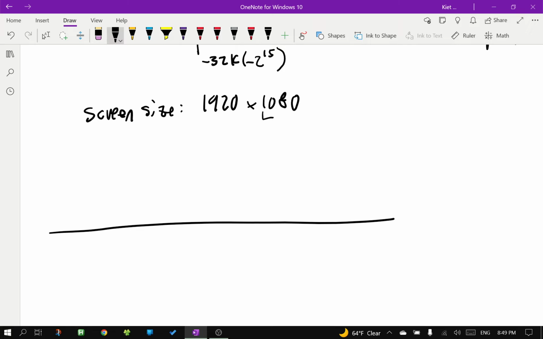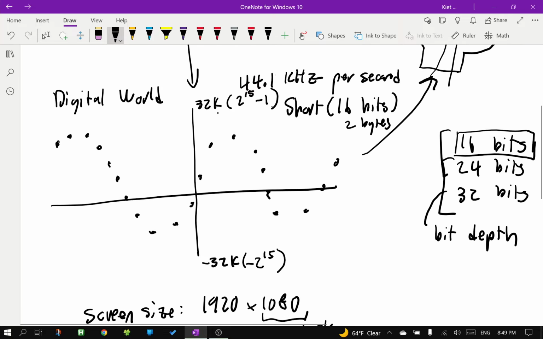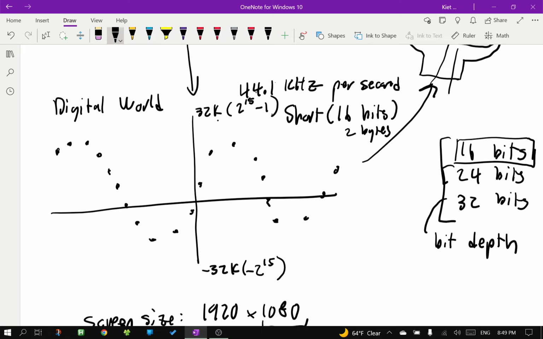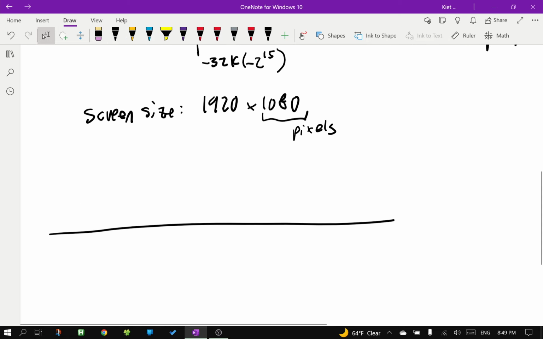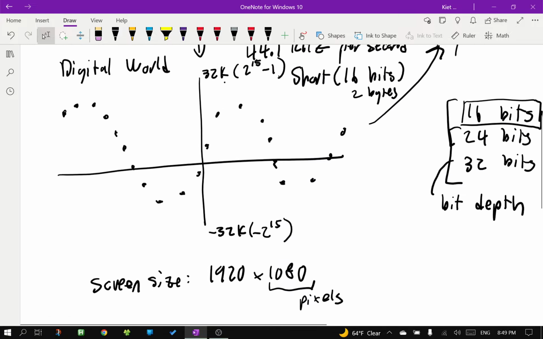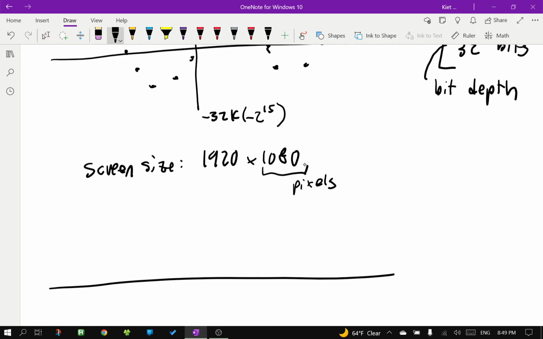So really you only have this many pixels to draw the waveform, and if you try to draw 44k samples in one portion of the waveform, it just wouldn't make sense, because in reality you can only see so much.